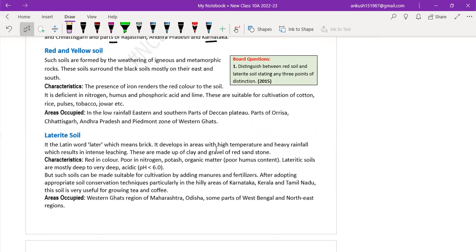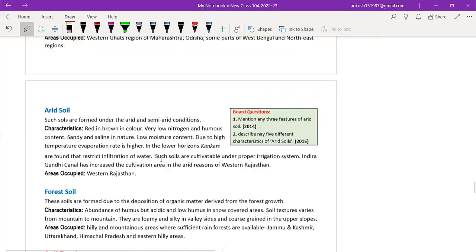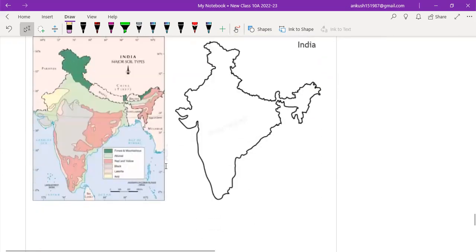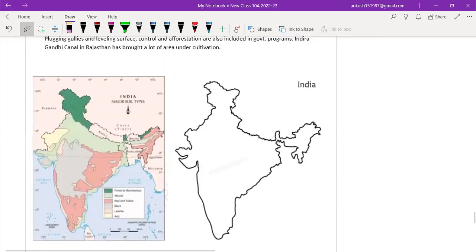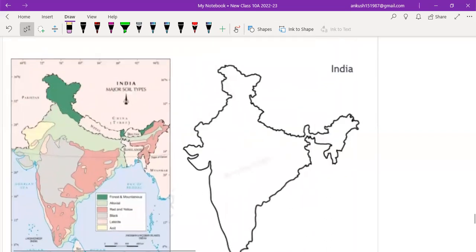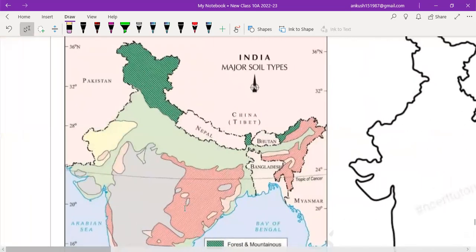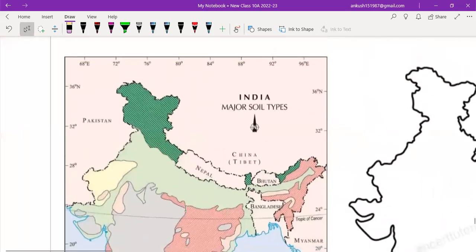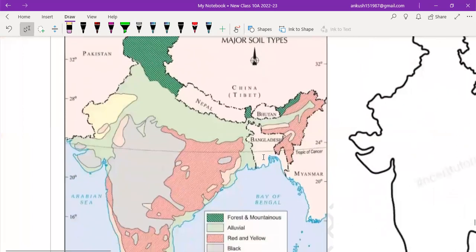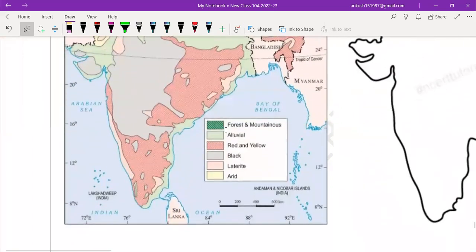Okay, I'll be sharing that. I think at the end of the notes I have that soil. Yes, it is major soil types. These are the soils that you may find over here. Is it clear to you all? Yes, sir. See, the index is also given.